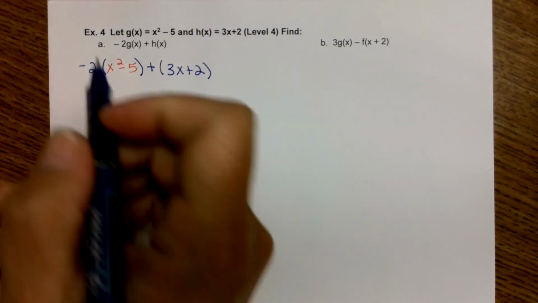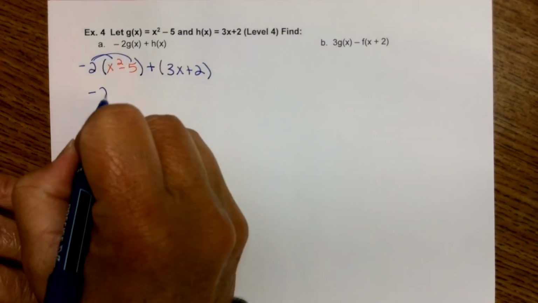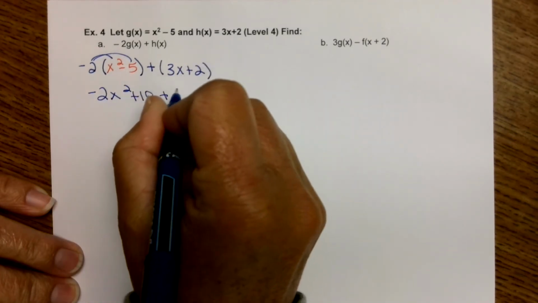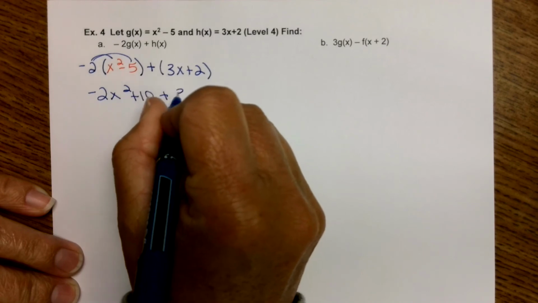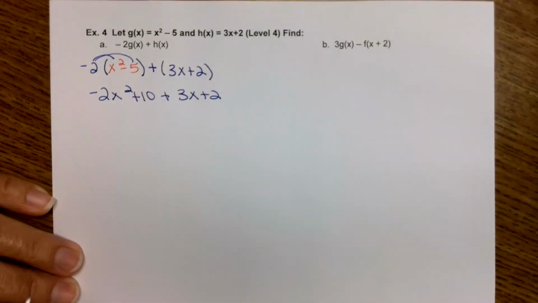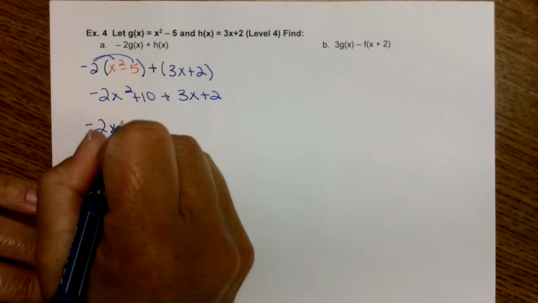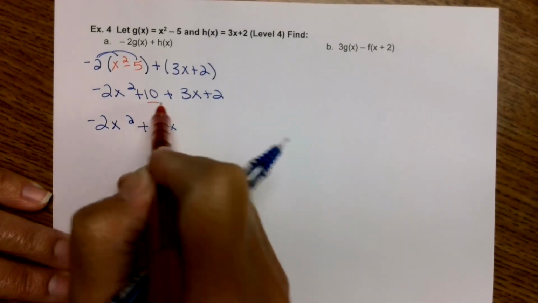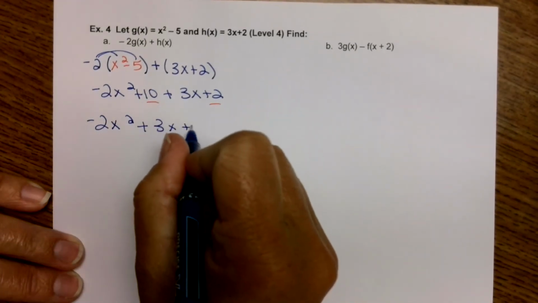Order of operations tells us we would distribute this negative 2 first. Then we are going to add this h of x function. So again, we just go back to combining like terms. We have negative 2x squared. There's no other x terms. And then we have these two constant terms.